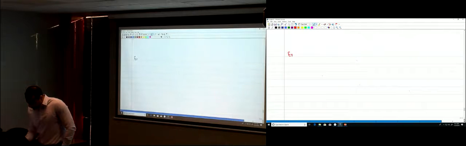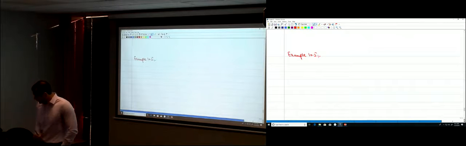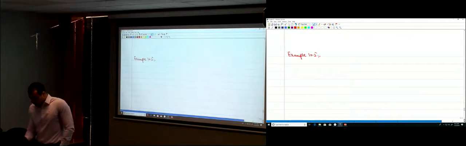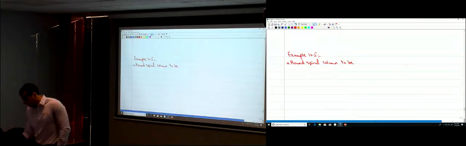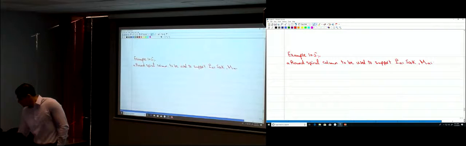So example 10.5. So here we have a round spiral column to be used to support P ultimate of 500K and M ultimate of 225 kips feet.